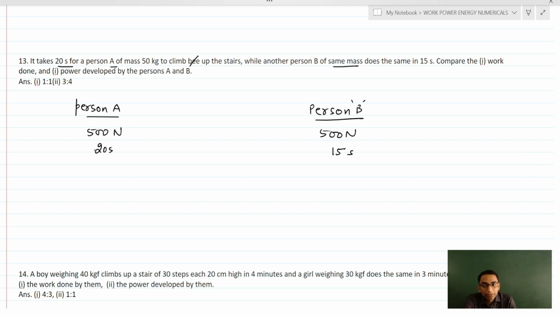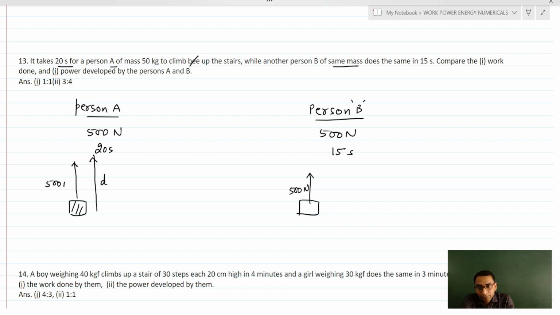Now we are supposed to compare the work done. If you look carefully, you assume that the person himself is carrying a load of 500 Newton up by a distance, say D. Because he climbs up the stairs, the same stairs are being climbed by the other person. So in both cases, the load is the same, the weight of the person itself, 500 Newton.